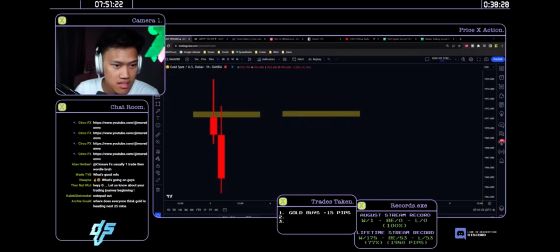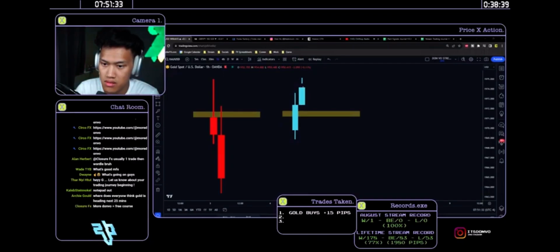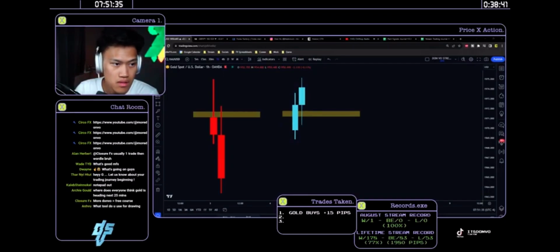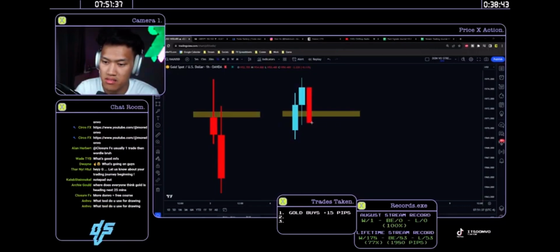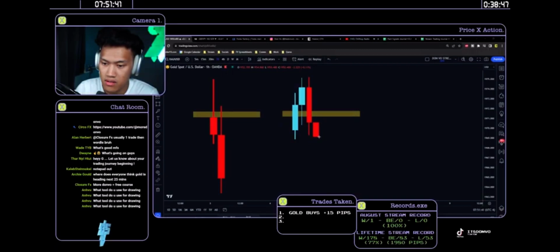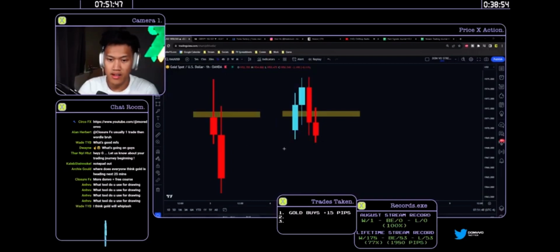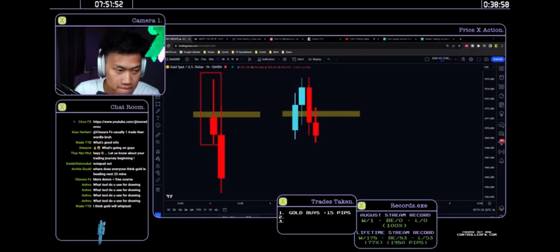You're gonna see this push up, two, and then all of a sudden 3 and 4, right? Yeah, should be 4 right there, right? So this candle, as this is happening, right?